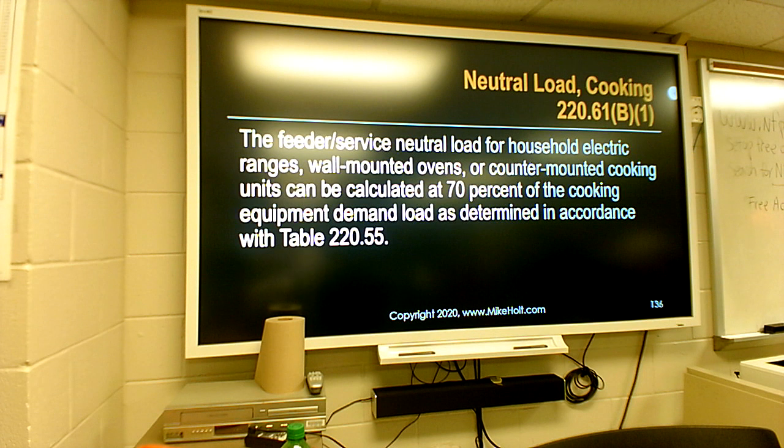You'd have to look to find it somewhere in that section in the code book to find that 70% for that neutral. Let's just move on with it. It'll be in there somewhere, but because of our time, we won't take time to try to locate exactly where it is. But you can believe it's in there.